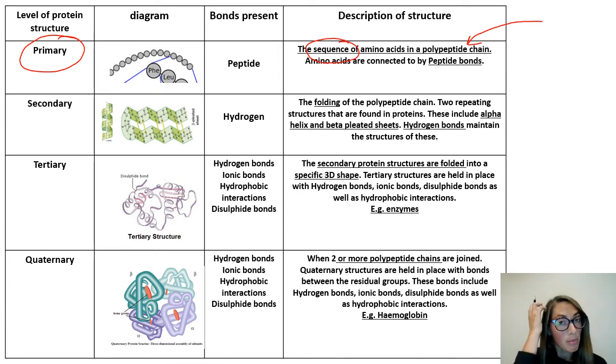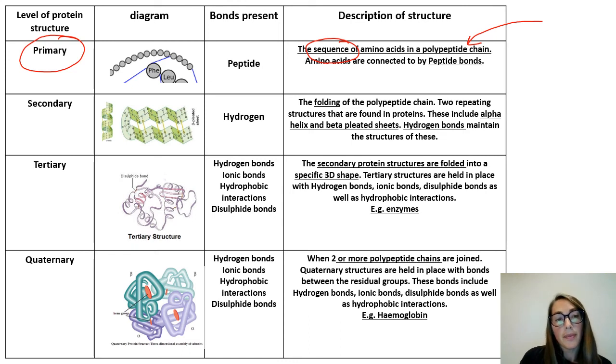That's really important, and the primary structure has a big impact on how that protein forms. If the primary structure is wrong, then the polypeptide chain will not fold in the right way. And if it doesn't fold in the right way, it's the wrong shape, and therefore the protein will not be able to do its job.